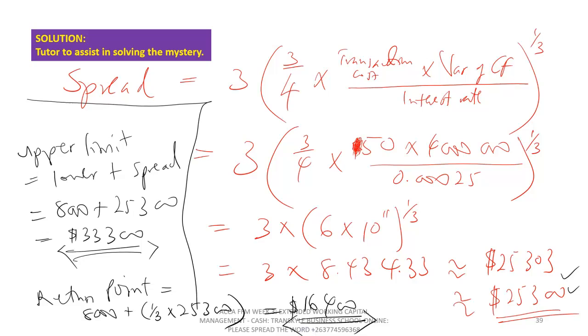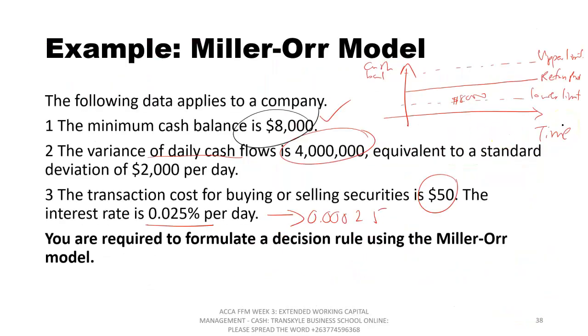Now, with all this information, what is the decision we should make? Okay, now we need to get back again to the diagram. We now have all the figures we need.